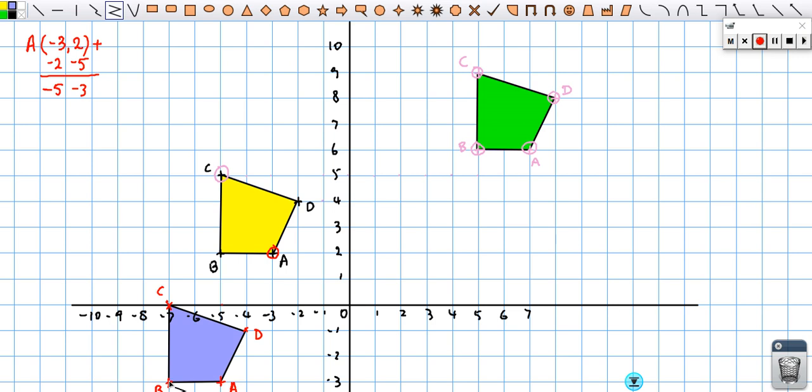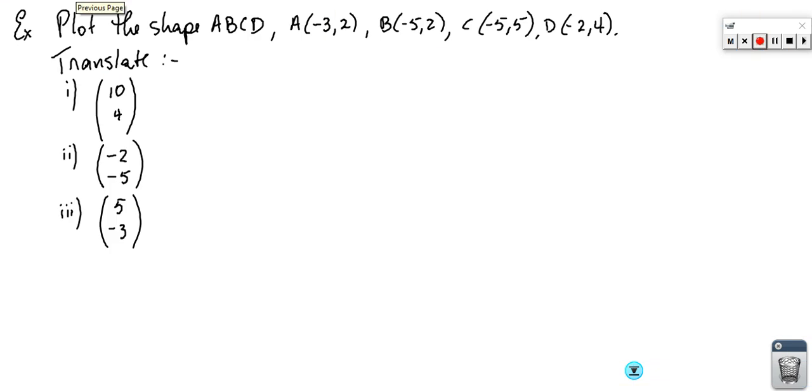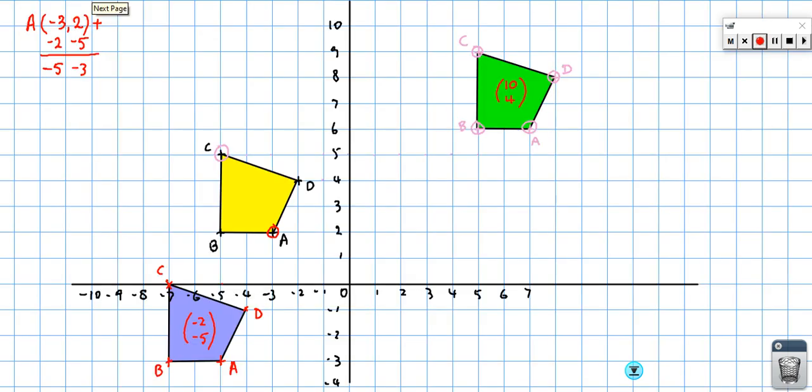Alright, so this one was translated using vector 10, 4. This was translated using vector minus 2, minus 5. Now the last one was a translation using vector 5, minus 3. Again, I'm going to choose one point and add, it's a nice shortcut.